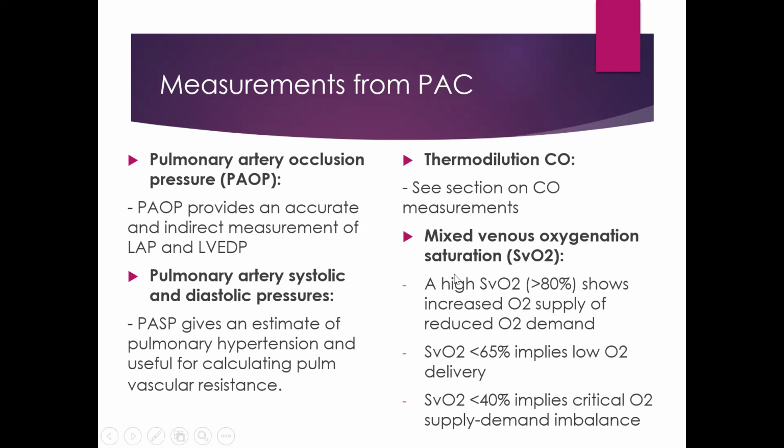And don't forget that in your early goal-directed therapy, an ScvO2 of 70 is desirable to show adequate perfusion and adequate cardiac output. So an SvO2 less than 65% is indicative of low oxygen delivery. The implication is a low cardiac output state, the blood is sluggish and we have greater extraction of oxygen.